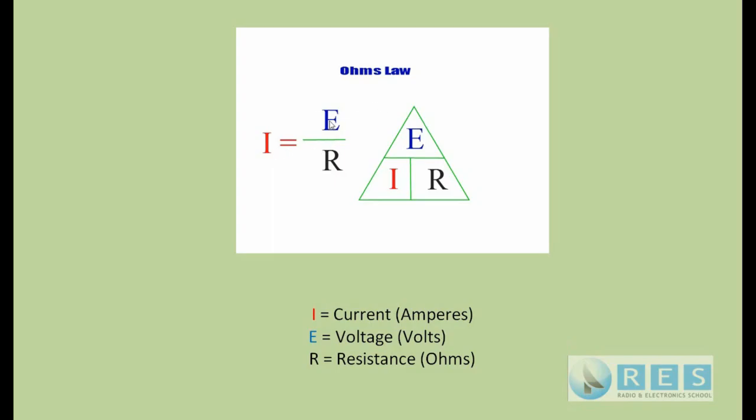And what Ohm found, that if you wanted to calculate current, you could find it by dividing the voltage by the resistance. So for example, if you had 10 volts and 2 ohms, 2 into 10, the current is 5 amperes. So if you know the voltage and resistance, you can calculate the current.